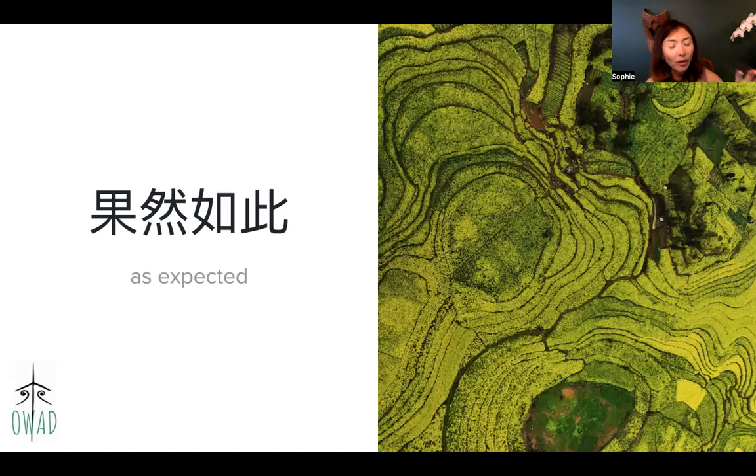We put it together with 因 and 果. 因 is the beginning, the cause, and 果 is the effect, cause and effect. So 果 is the result of what you do, what you did earlier. 果 is the consequence, and 果然 means as we experienced, all these happenings are the result of the previous known behavior or known deeds. And 如此, 如 is comparing, right? Comparable to this one, to here and now.